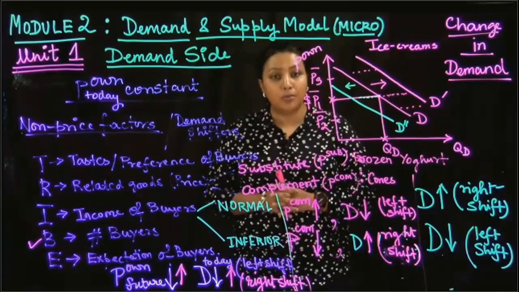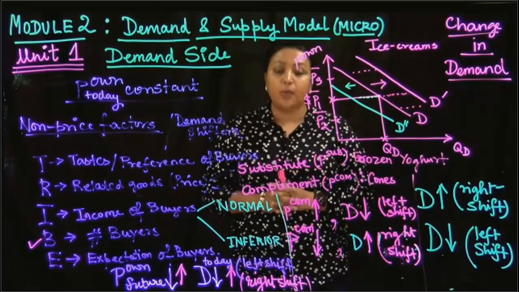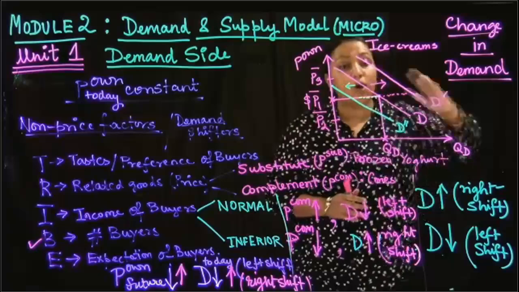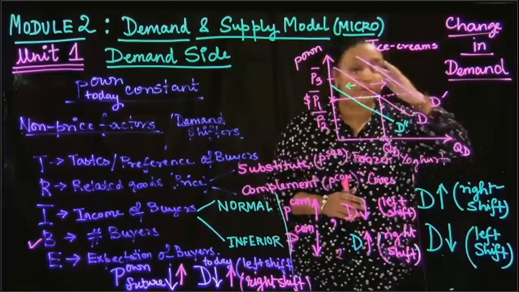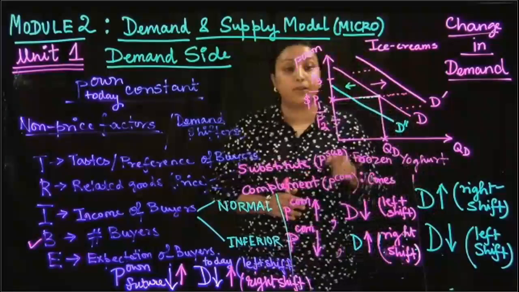If you do not remember, then please go back to the previous video and refresh your memory. Whenever we looked at a change in the price of the commodity, we saw there was a movement along the same demand curve. There were no shifts, and we called it the change in quantity demanded.